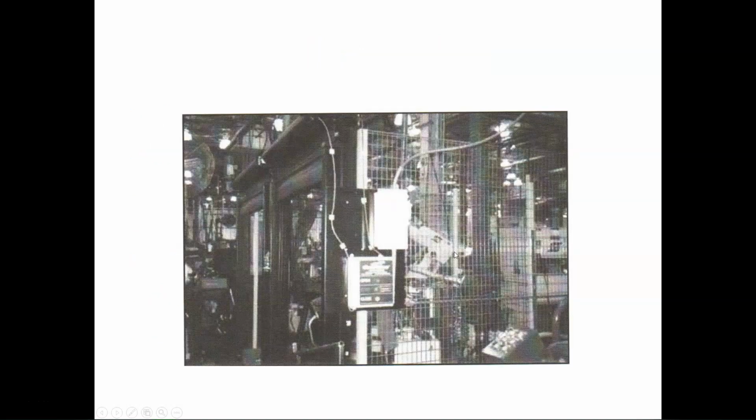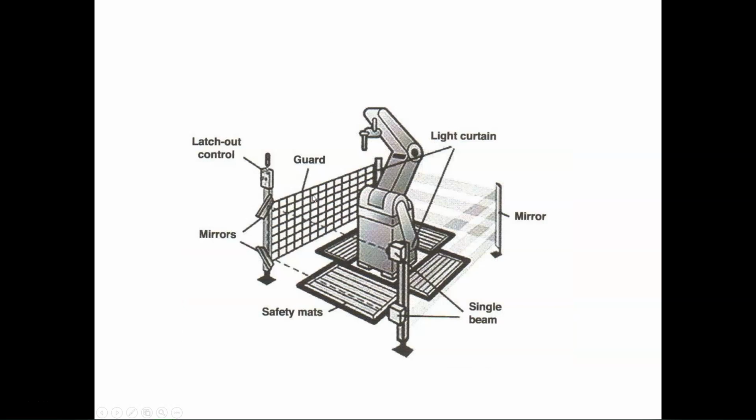The most common thing you'll see is some sort of gated barrier around a robot. This is the most common way to keep people out. However, if people have to be in with that robot, there's several different ways that we do that. One is pressure mats, so that the robot cannot be activated while you stand there.